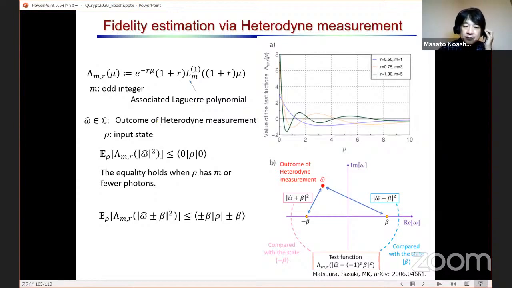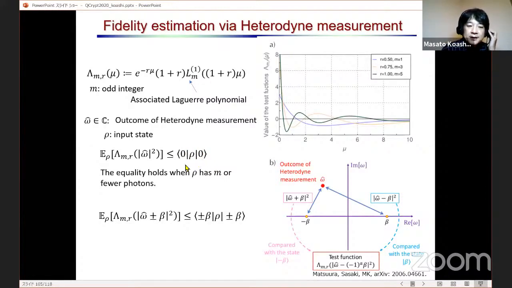Input the square of this quantity to this function, then take an expectation value when the state rho is input to this heterodyne measurement. Then we can prove that this expectation value is always smaller than the fidelity to the vacuum state.